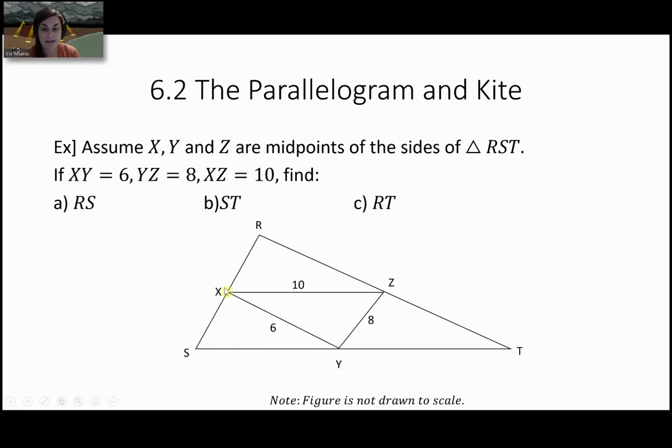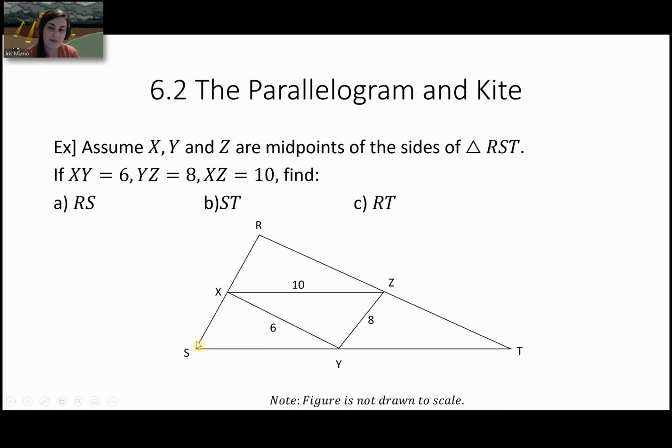XZ connects the midpoints here and here, and you can tell, hopefully, that XZ is parallel to ST. Furthermore, ZY, the connection of those two midpoints, is parallel to RS.